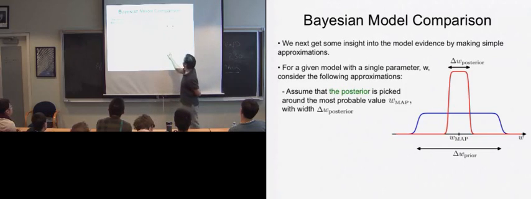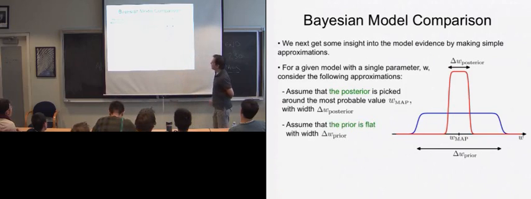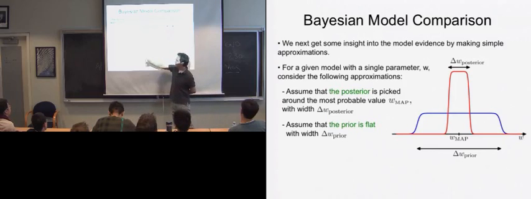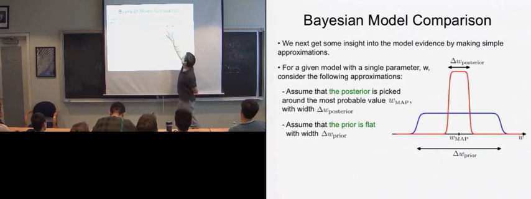It's going to be flat elsewhere, and peaked around that particular point. We're also going to assume that the prior is flat, and the width of the prior is delta W prior, and the width of the posterior is delta W posterior. So this is the prior, you can think of it as just a probability over W. This is the posterior, given the data.